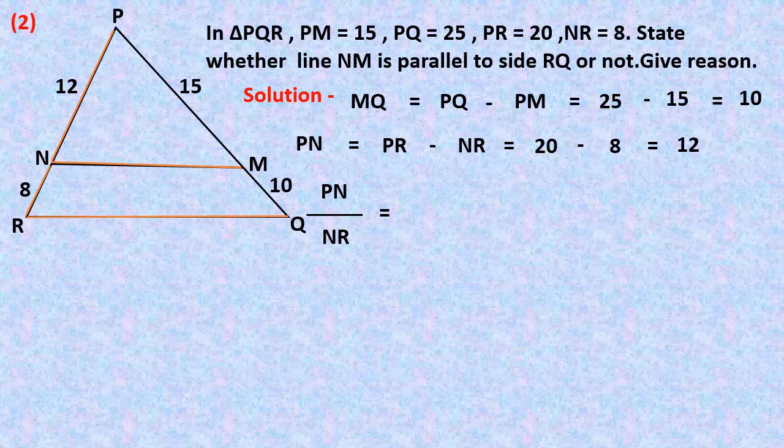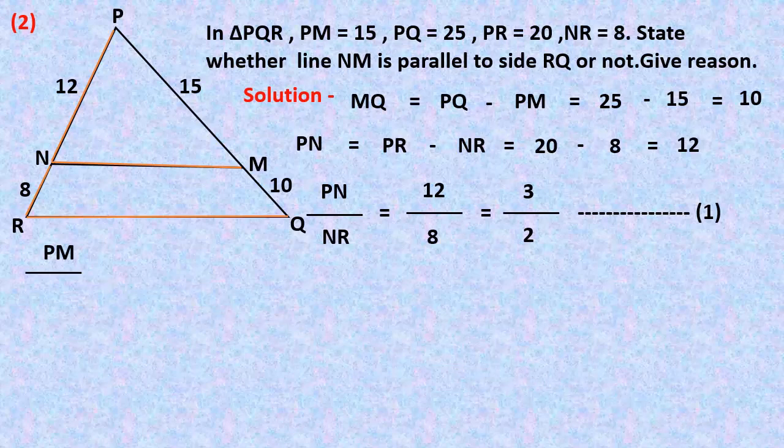Then the other ratio, that is PM divided by MQ, is equal to 15 divided by the value of MQ, that is 10. After simplifying, 5 threes are 15 divided by 5 twos are 10, that is equation 2.